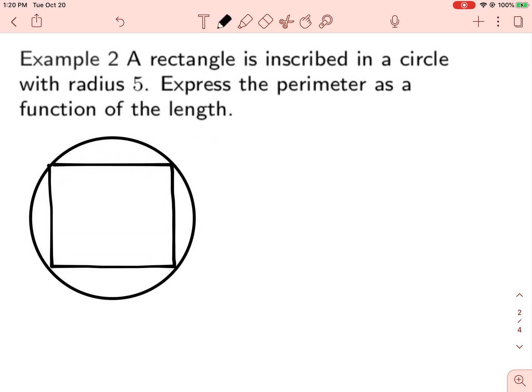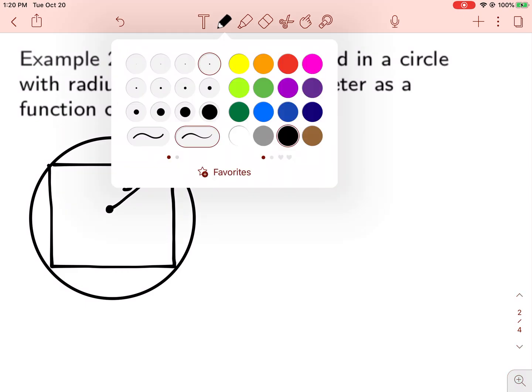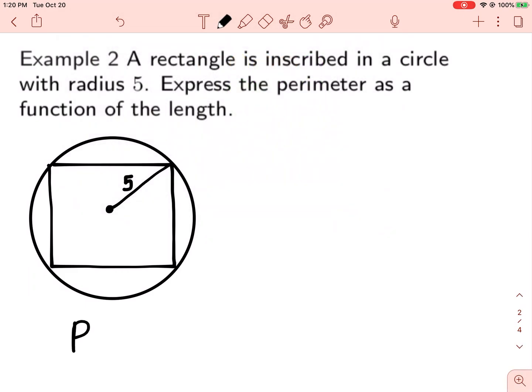With radius of 5, so that means from here to here is 5. Express the perimeter as a function of length. So this is what I want in the end. Perimeter of the rectangle is normally 2L plus 2W, but now I want this only with the variable L because it needs to be a function of length.